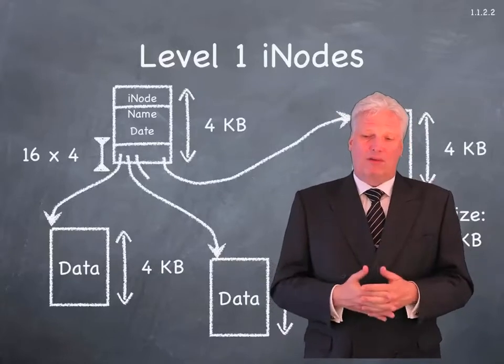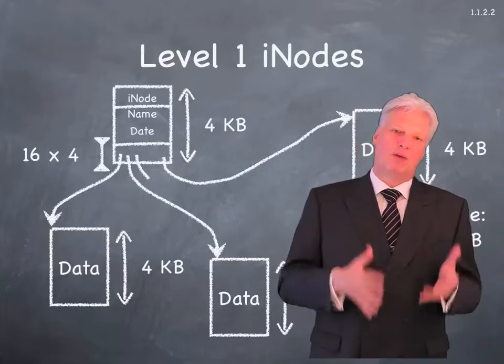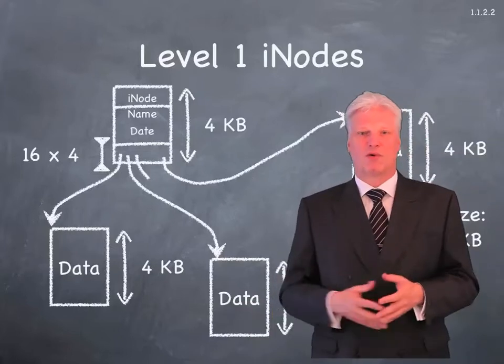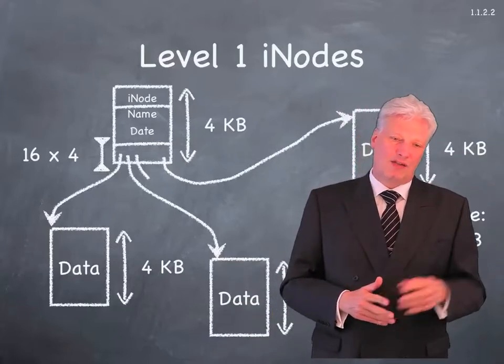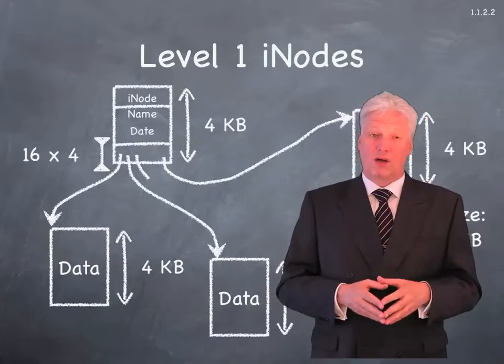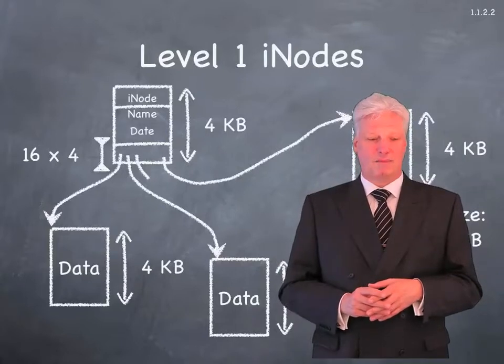Now, in a level 1 inode, those 64 bytes will amount up to 16 pointers of 4 bytes each, because 16 times 4 is 64. And so that allows us to address 16 individual 4K blocks, which allow us to store up to 64 kilobytes of information in the file.